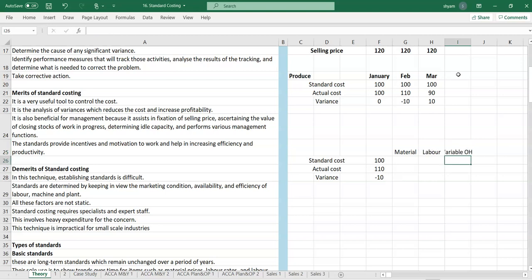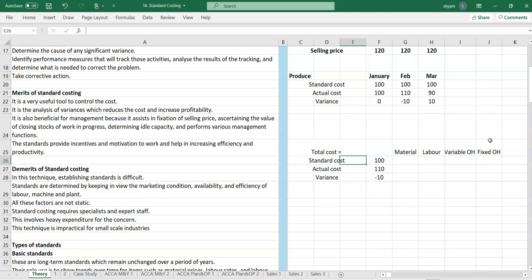So these things should be and can be shown. Even fixed overheads, we can show. So for the total cost of the product, we can show a split, and then it would be much more useful.